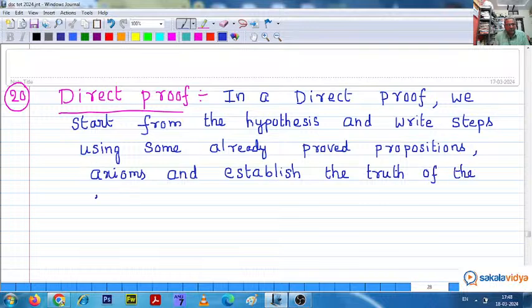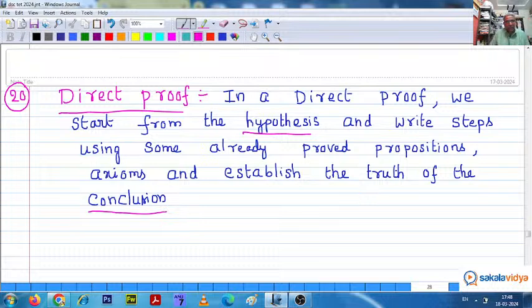This is the process of direct proof. Remember one thing: hypothesis to conclusion. Generally we start from the hypothesis and come to the conclusion using appropriate already proven propositions or axioms. Clear? That establishes the truth of the conclusion. This is called direct proof.